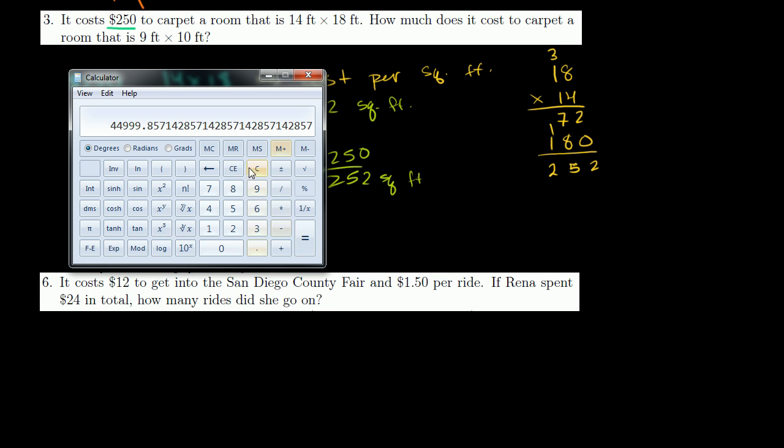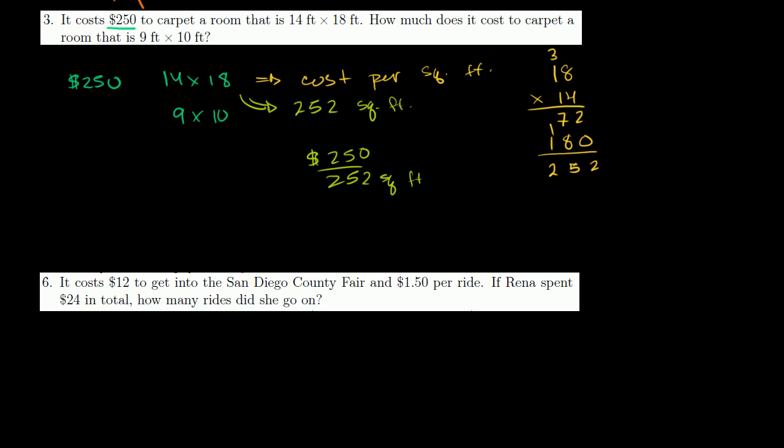Let me confirm my math. 18 times 14 is equal to 252. So they're charging us $250 for 252 square feet. So it's like 99.2 cents per square foot.